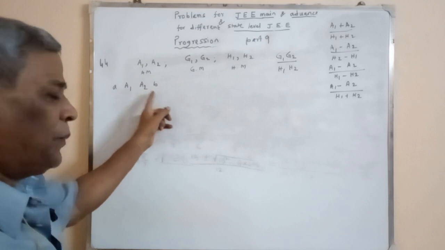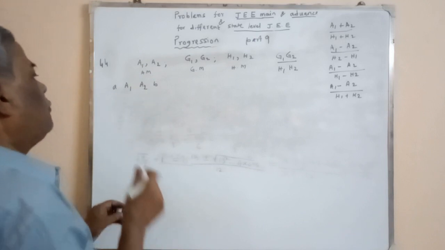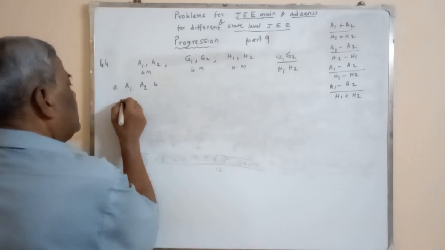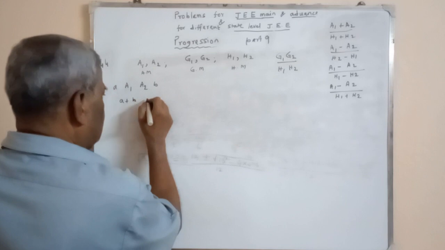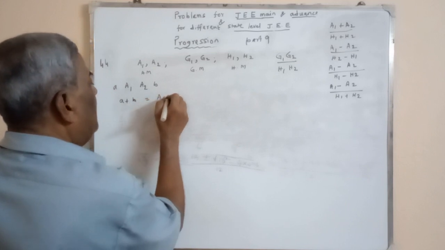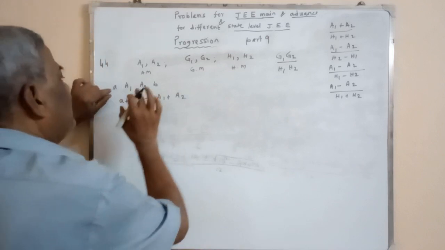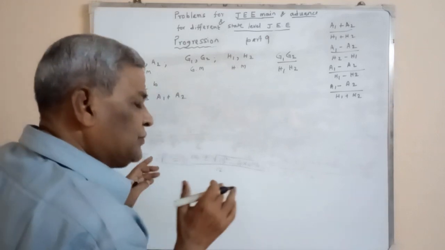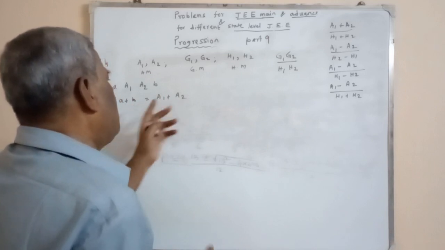So they together form an arithmetic progression. Therefore, we must have A plus B is equal to A1 plus A2, because equidistant terms from the beginning and end must have equal sums.